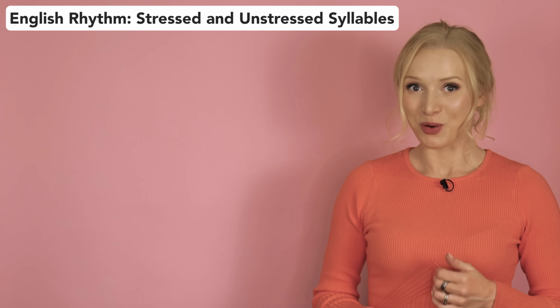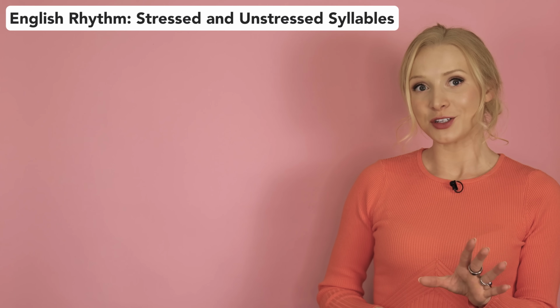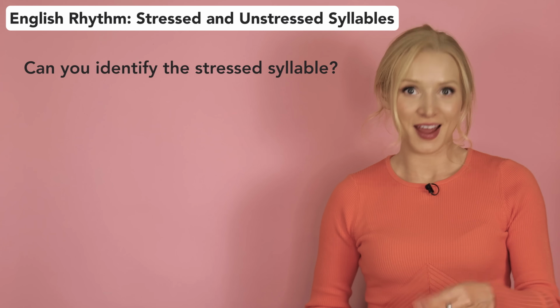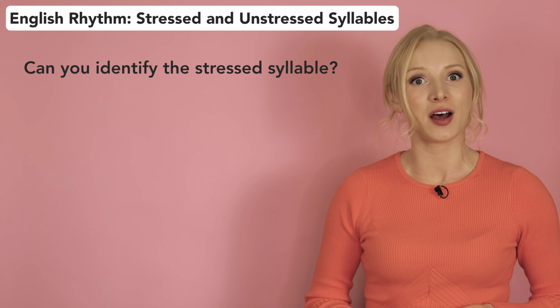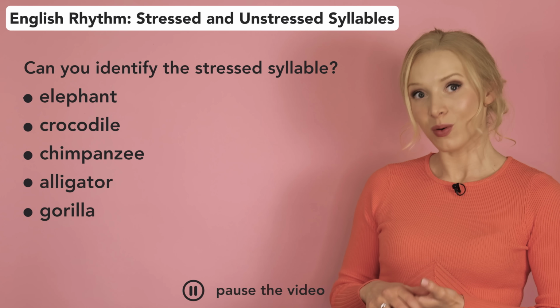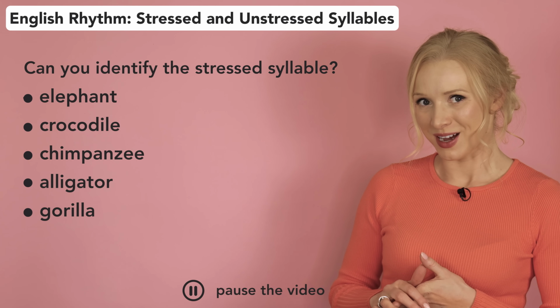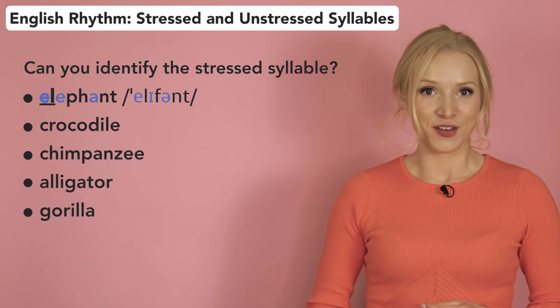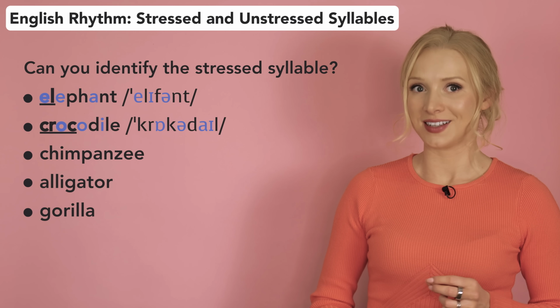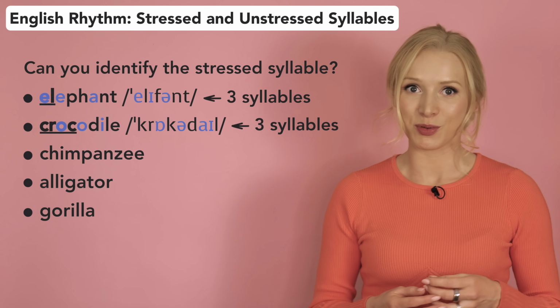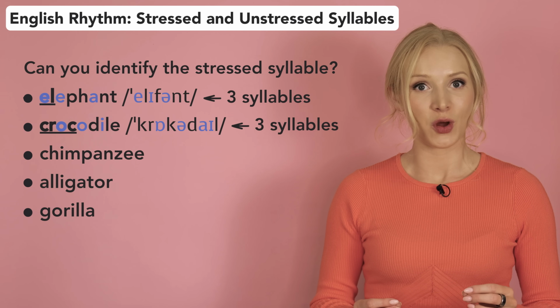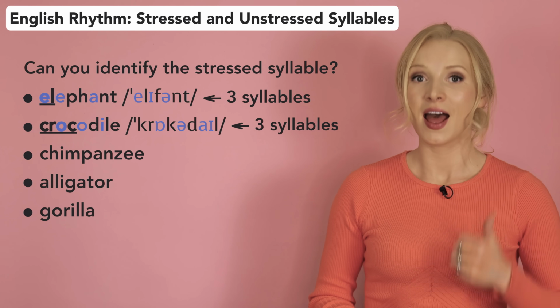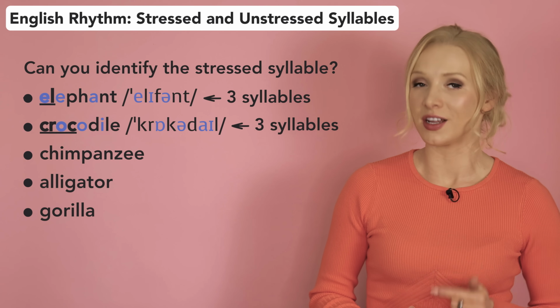I'm going to say some more animals now. And before I do, try and identify the stressed syllable in each word. Here we are. Pause the video if you need a bit more time. If not, let's check together. Elephant and crocodile have three syllables and are both stressed on the first syllable. Elephant, crocodile.